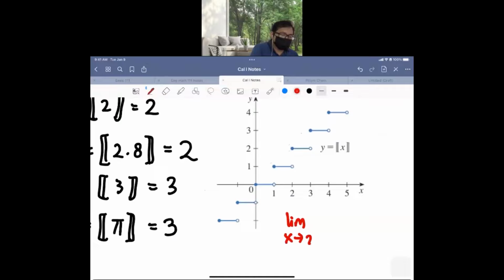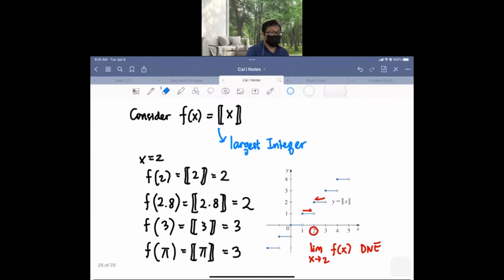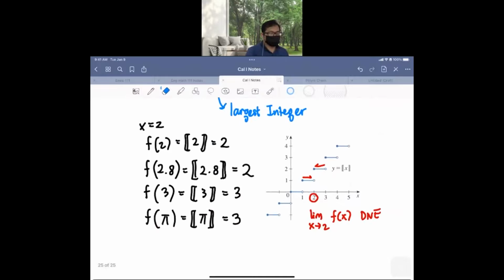For example, the limit as x approaches 2: if we look at this 2 here, go from the left, go from the right, it doesn't exist. So this limit doesn't exist. The limit will exist if the point we approach is in between the 1 unit, for example 2.5, 2.6, we will get the limit. So this is called the largest integer function.